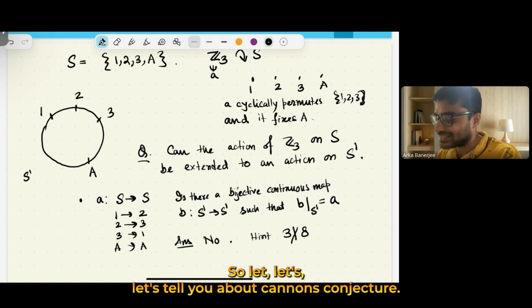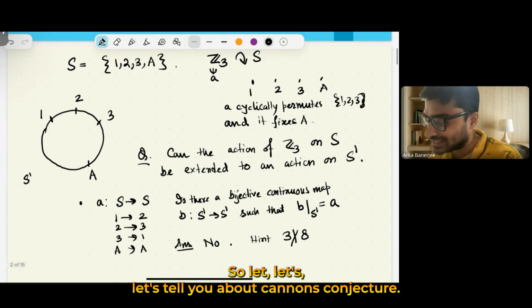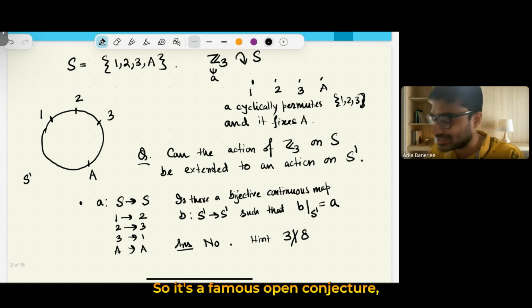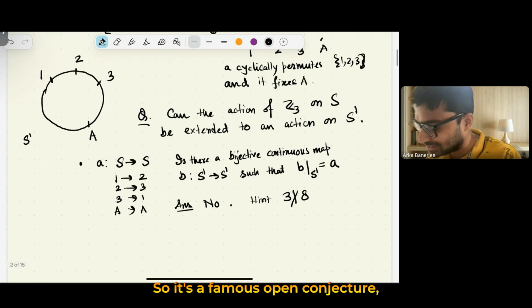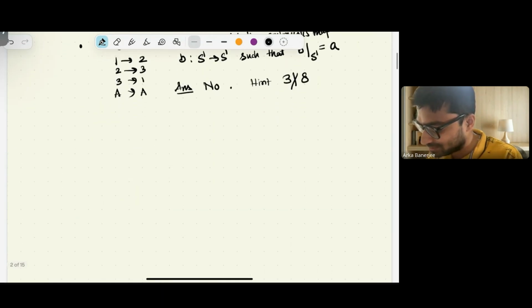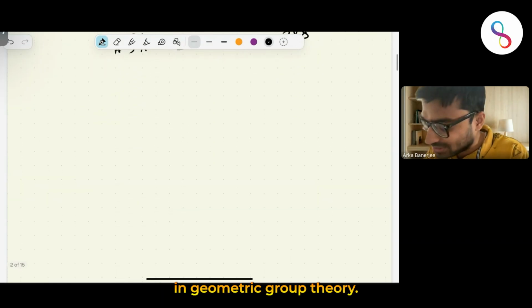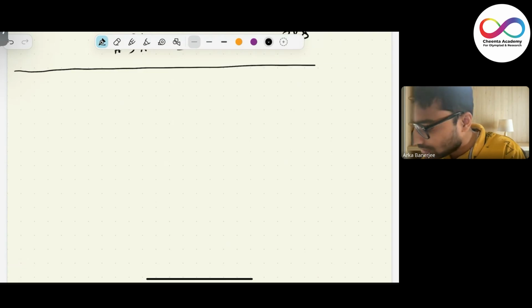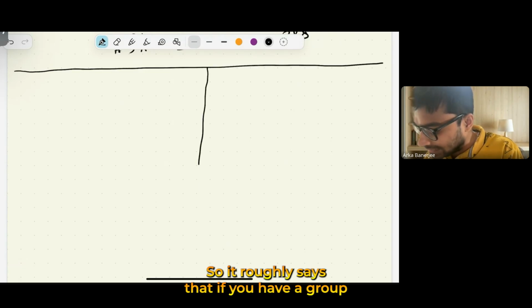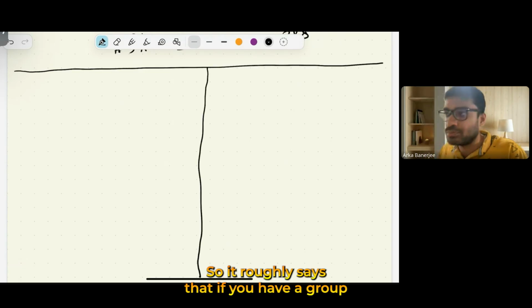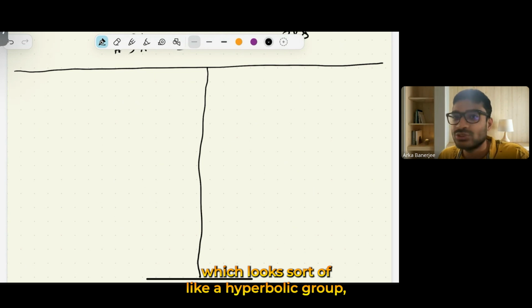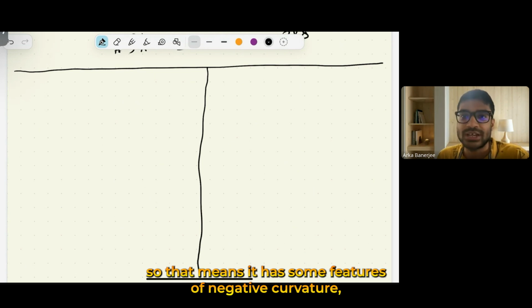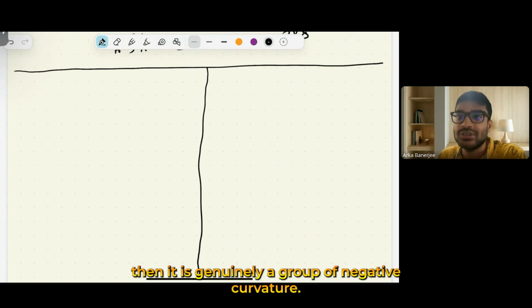So let me tell you about Cannon's conjecture. It's a famous open conjecture in geometric group theory. It roughly says that if you have a group which looks sort of like a hyperbolic group, so that means it has some features of negative curvature, then it is genuinely a group of negative curvature.